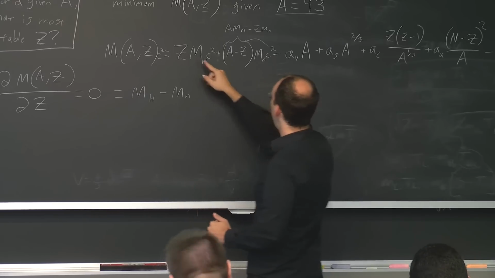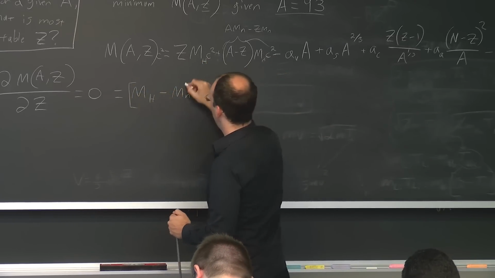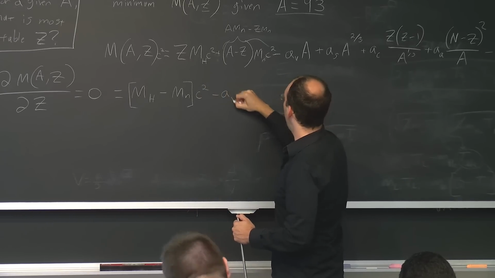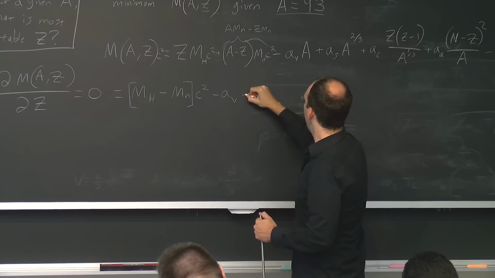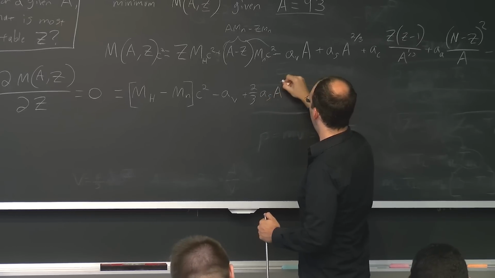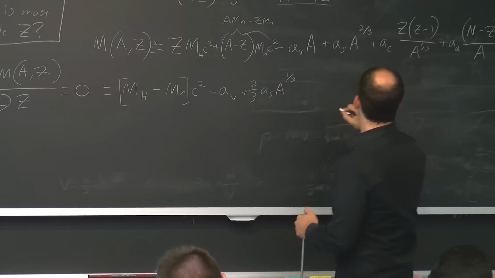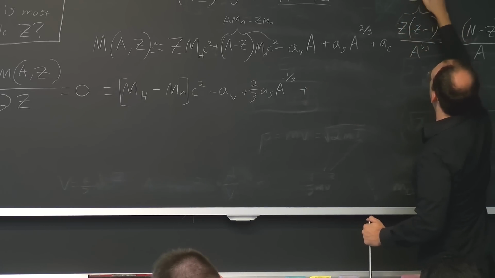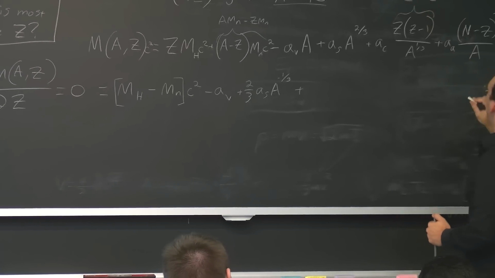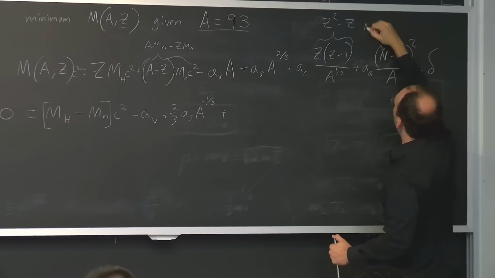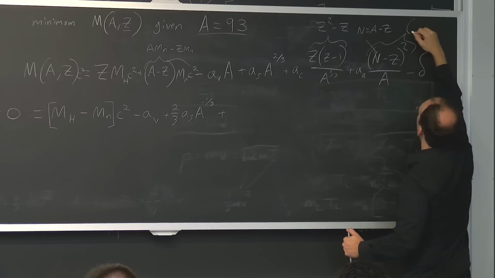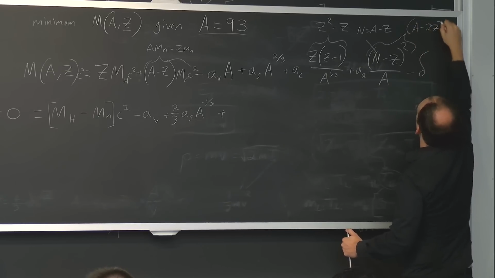So let's say we have M_H minus M_n, these are in c squared. And minus A_V. Let's see, plus 2/3 A_S times A to the negative 1/3. Plus, I'm going to expand this out to call it Z squared minus Z. I'm also going to stick in N equals A minus Z, so that this expands out to (A minus 2Z) squared.